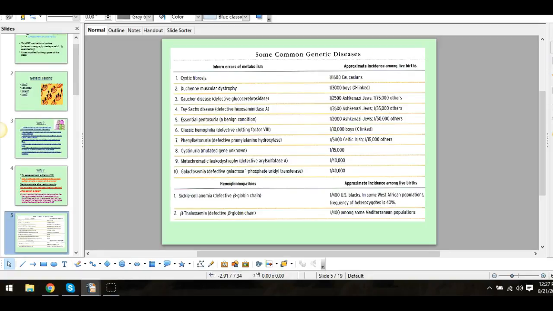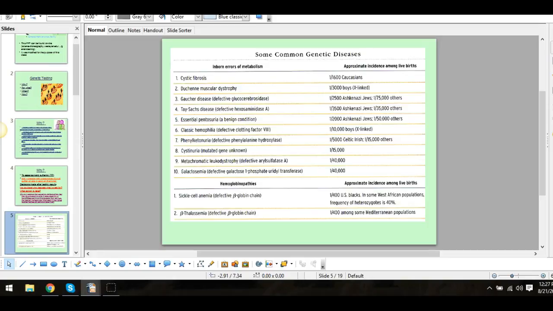Here is a list of some common genetic diseases and their prevalence among white people, African Americans, or Ashkenazi Jews. You can look at this list of conditions.